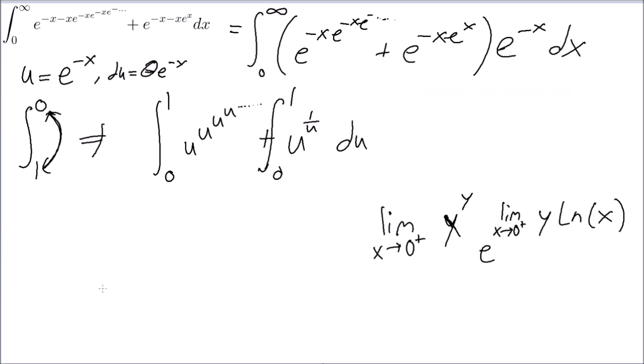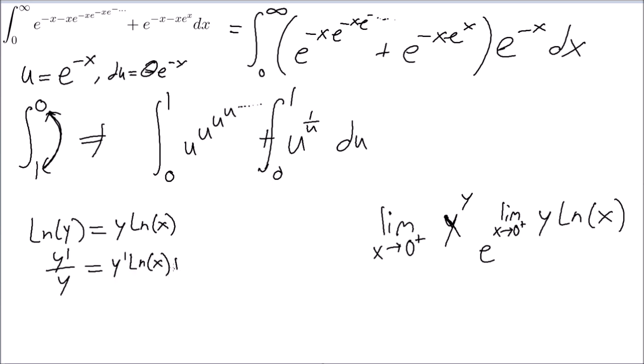So ln of y is equal to y ln of x. Then we get y prime over y equals y prime ln of x plus y times 1 over x.